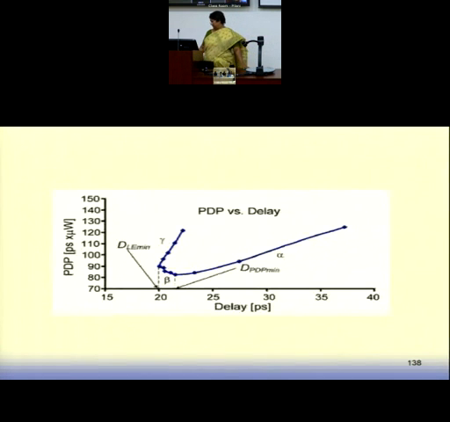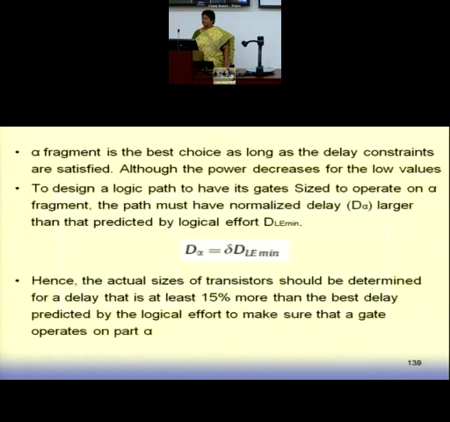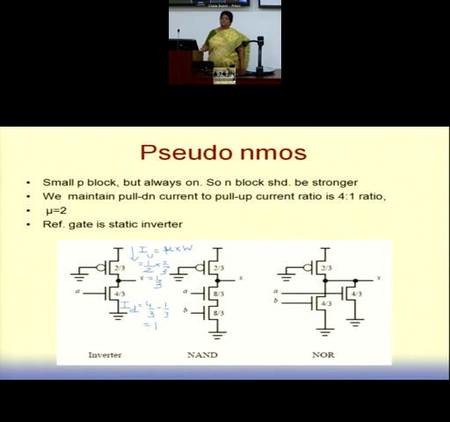Next time I will be taking the concept of logical effort further to other logic families like pseudo NMOS and domino CMOS. Because logical effort is not only limited to static CMOS.